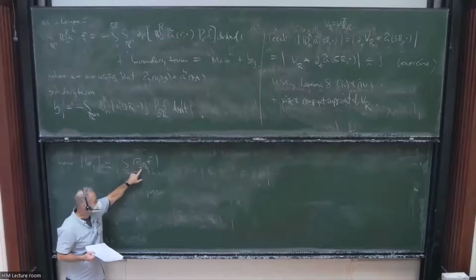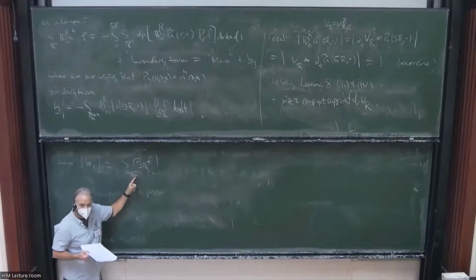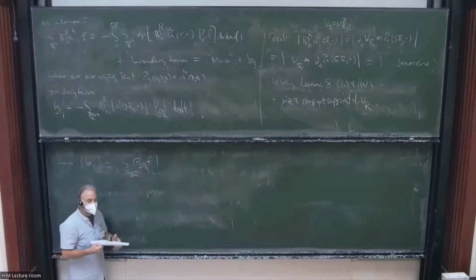This is a compactly supported kernel, which is supported in a parabolic ball of radius 5R. So this is localized.